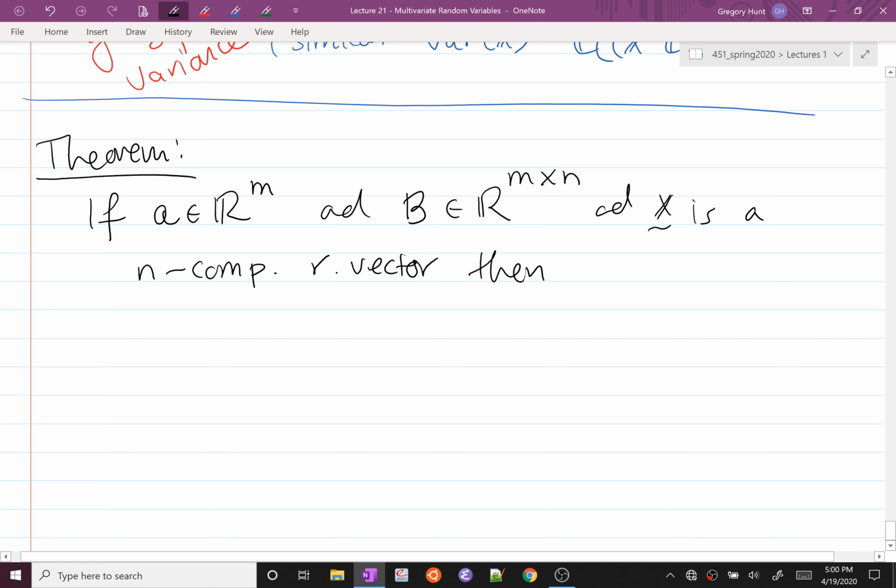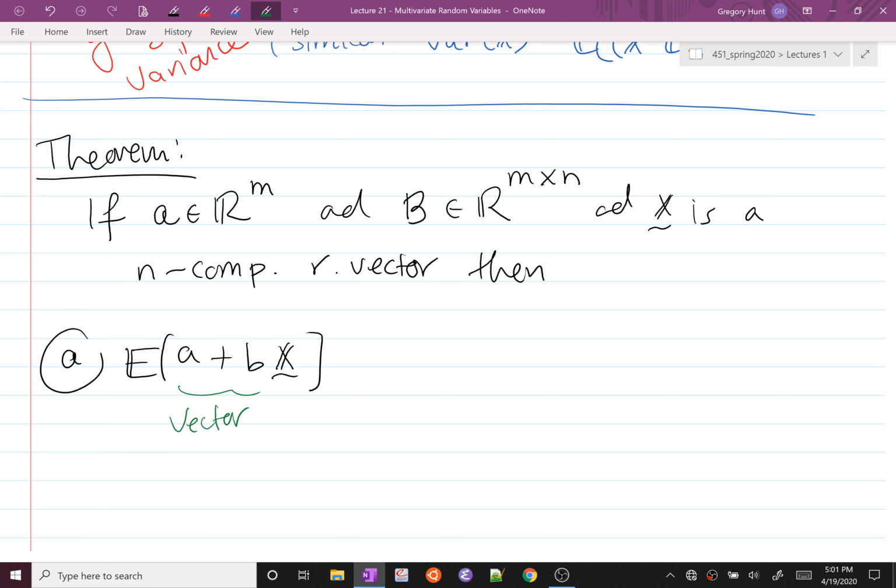Then we can look at the expected value of A plus BX. This thing here is a vector. It's a different random vector than X: you multiply by a matrix on the left and you add a constant A, which gives us another vector.